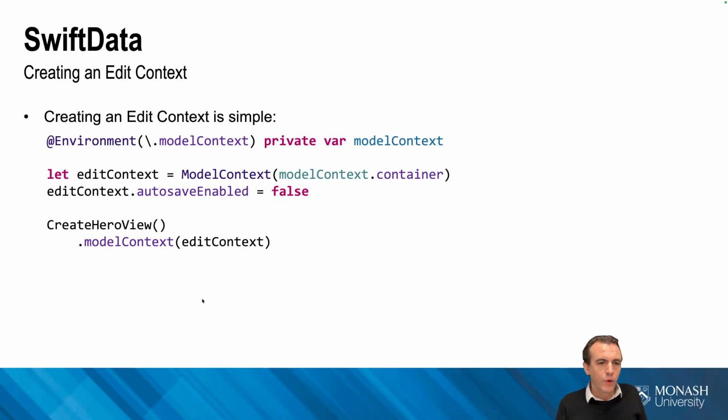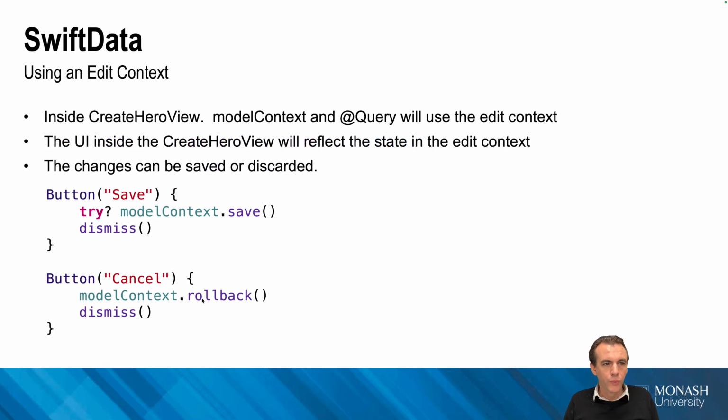Now, when you've got one of these edit contexts, you can pass that via the model context modifier to any SwiftUI view, and that SwiftUI view will see that context instead of the main one as its model context. So why is that useful?